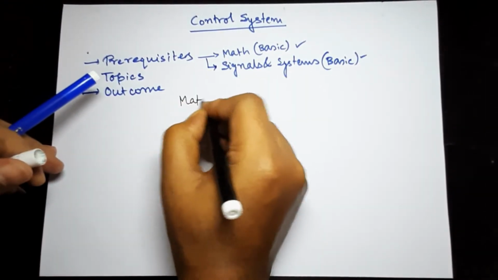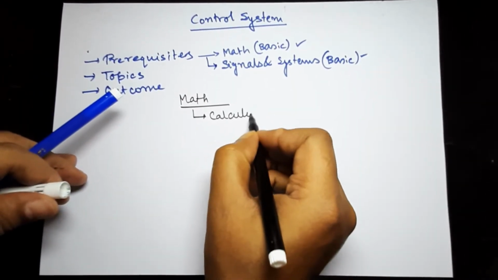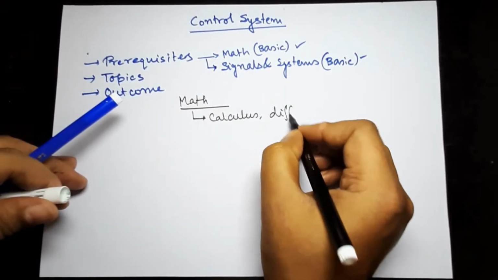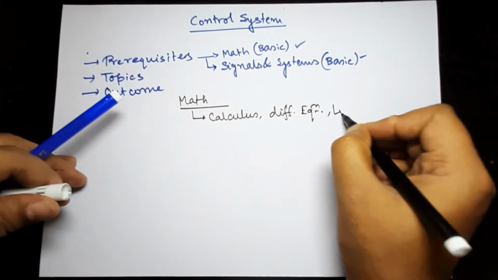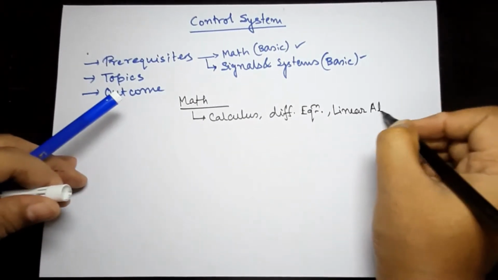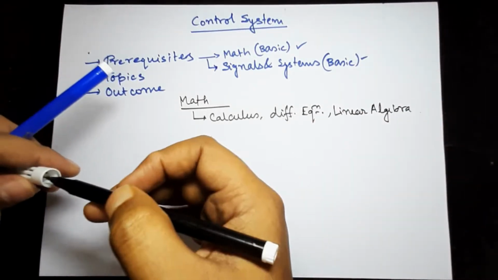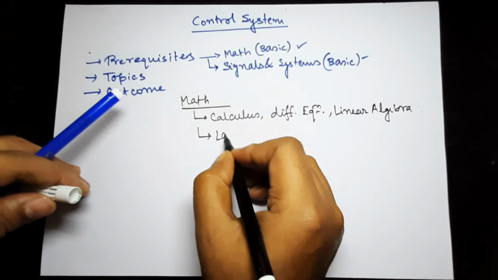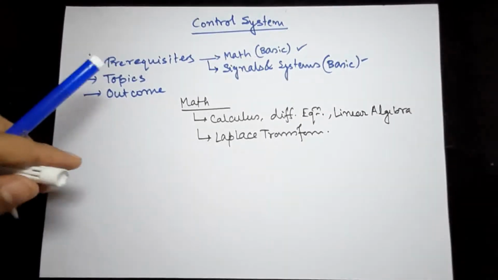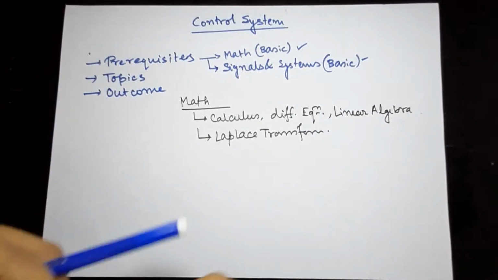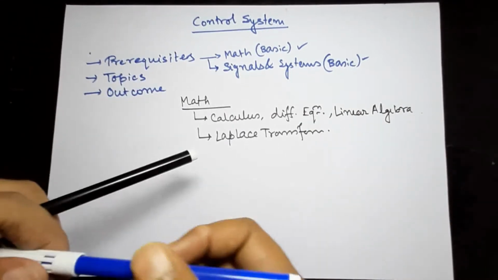In math, if you've done basic calculus, differential equations, and linear algebra, that will be enough for this course. Apart from that, there is another thing, that is Laplace transform. If you have done this, then it is okay, and if you haven't done this, then there is no problem. I will review this concept as and when needed.